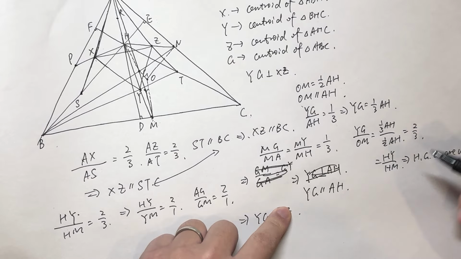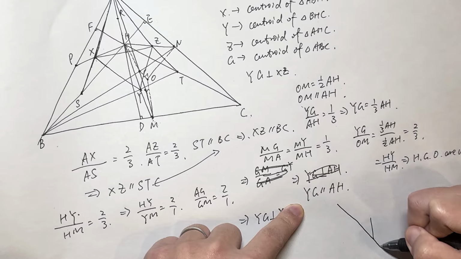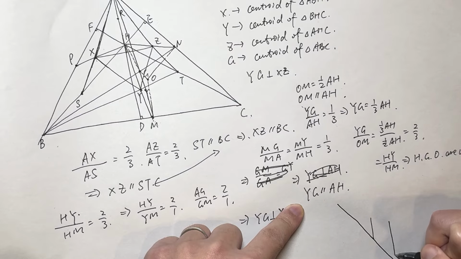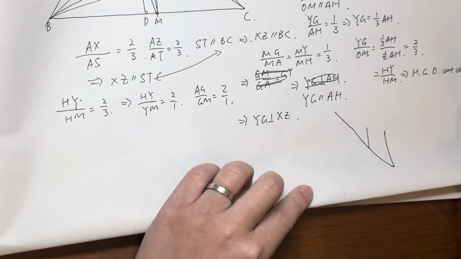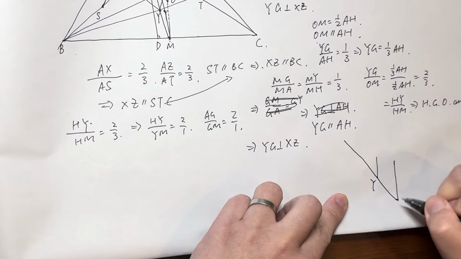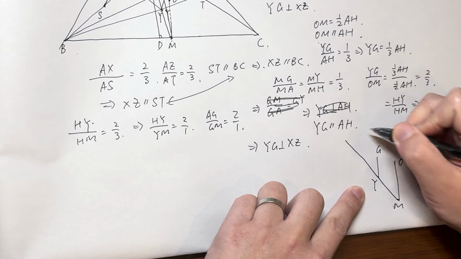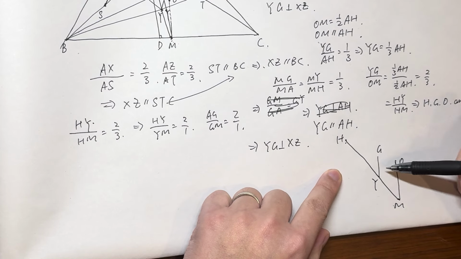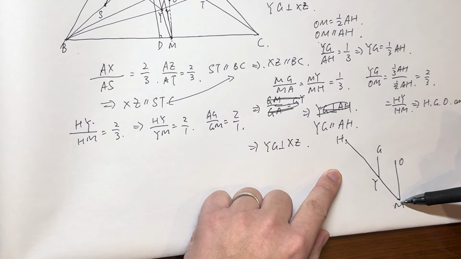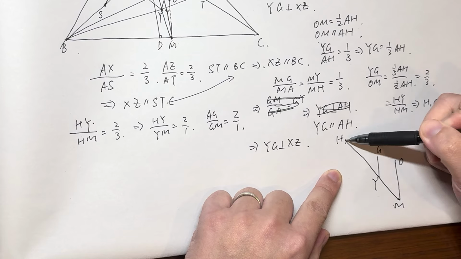Right. If I just extract this part, you can think of it this way: Y, M, O, G, H. Right, we calculate YG to OM, and then we found that YG to OM equals HY to HM.